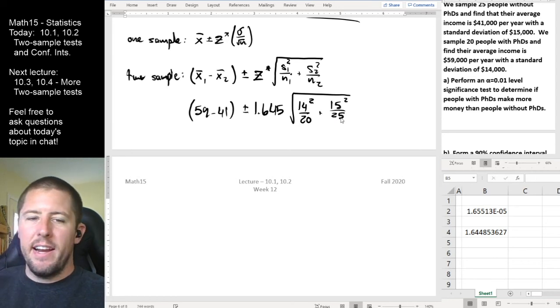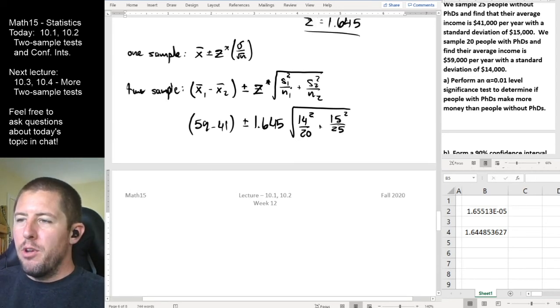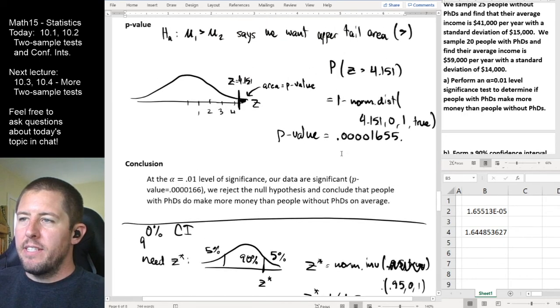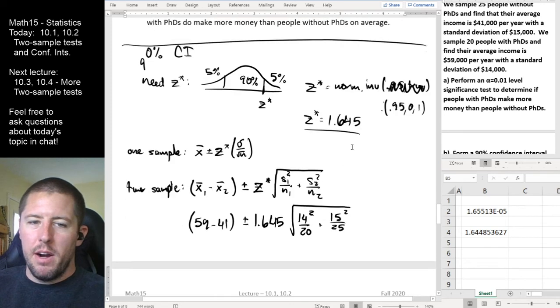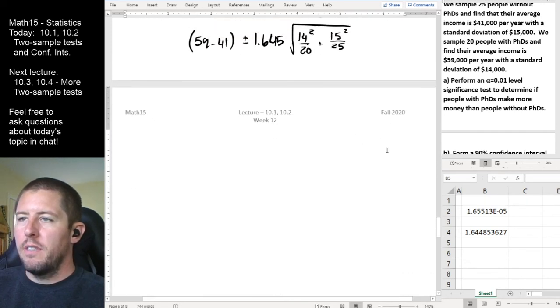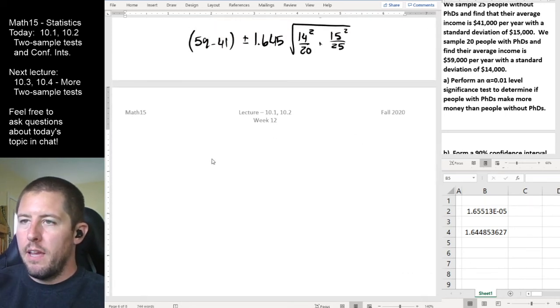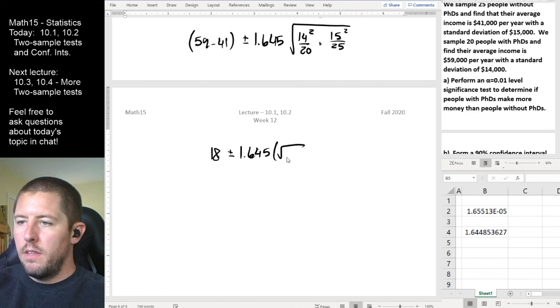And actually recognize the good news here. I've already computed what this entire standard error term is underneath the square root. It's the square root of 18.8. So I'm going to reuse that calculation here. So I'm going to get here 18 plus or minus 1.645 times the square root of 18.8.